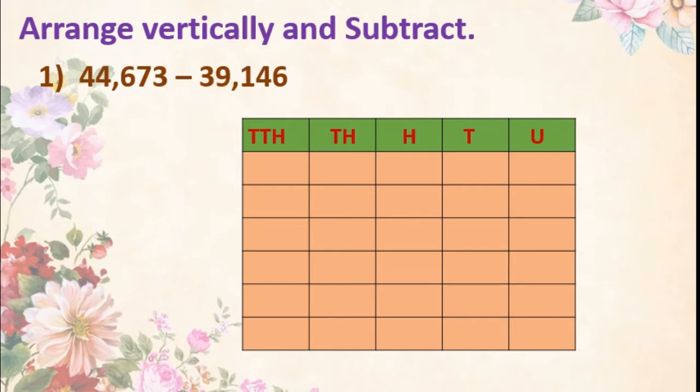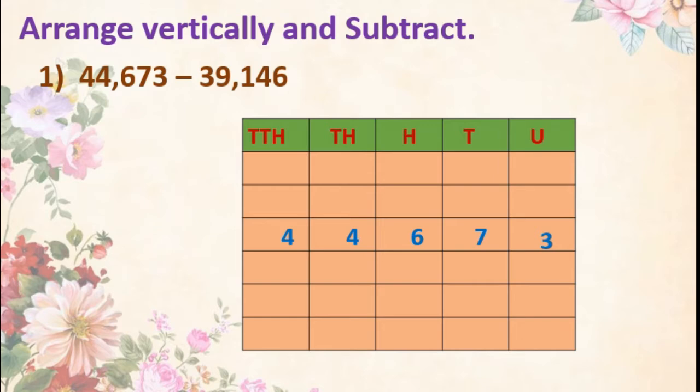Okay, we will start. Here 3 we will write in the unit place, 7 we will write in tens place, 6 in hundreds place, 4 in thousands place and one more 4 is there that we will write in 10,000s place. Yes, students, I left 2 rows up vacant because we will borrow the numbers that we will write there.